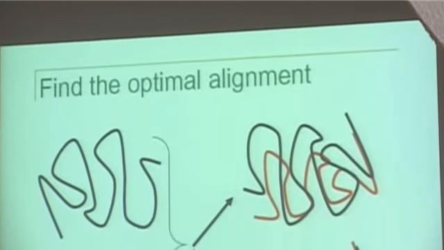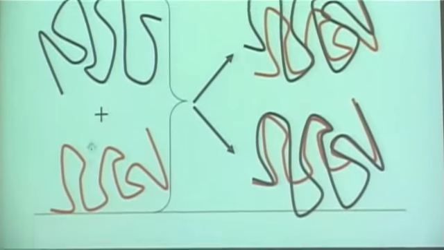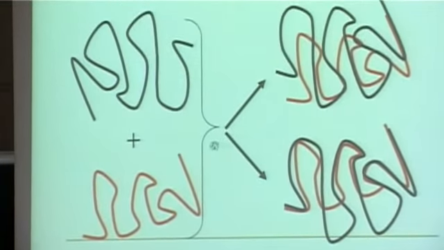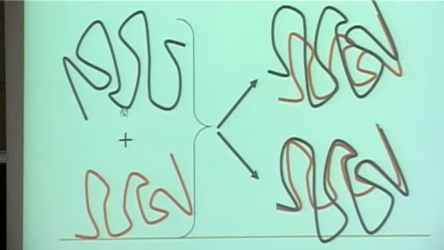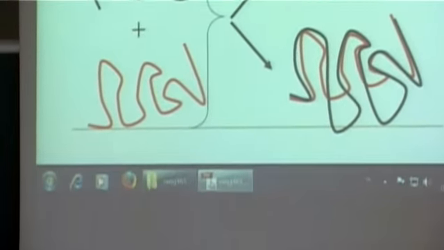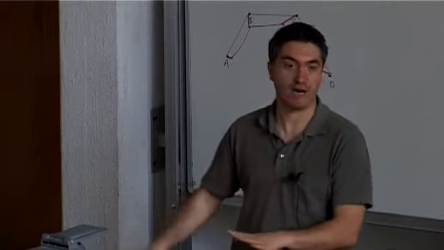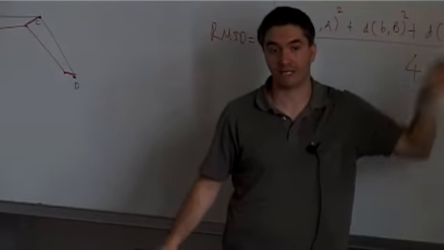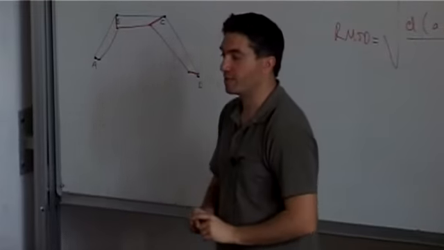Our goal, given 2 structures like this, is to find out whether they're similar by first finding the matching amino acids and then superimposing them, asking which matching is going to give us a better superimposition. When superimposing these 2 proteins, we ignore the unmatched parts. They are not taken into account when computing this RMSD. We only consider the matching parts.